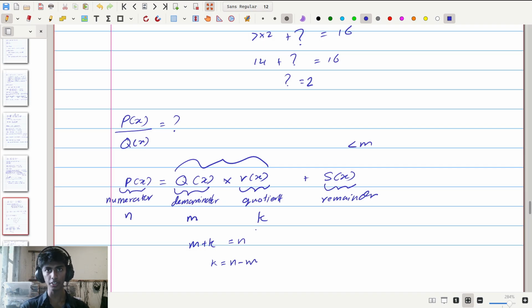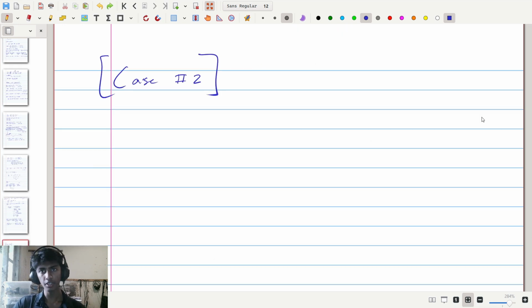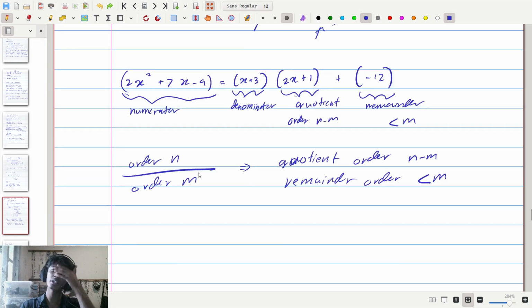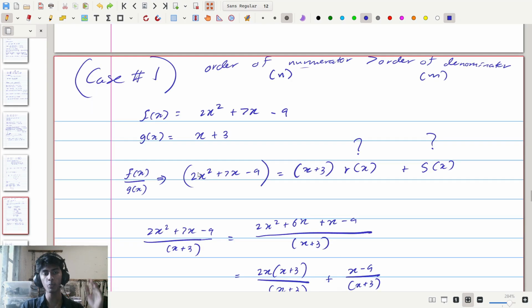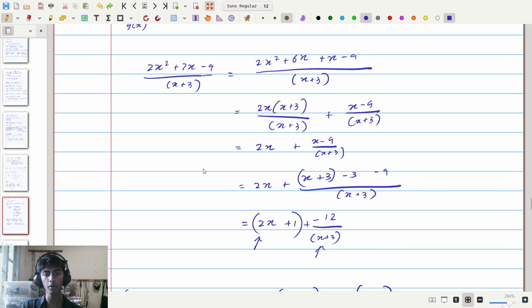This is of course not the rigorous proof, but this is good enough for you. The order of the quotient will be n minus m, as we can see clearly from this demonstration. So that was case number 1. Case number 1 is the case where the order of the numerator is greater than the order of the denominator, in which case there's no problems.